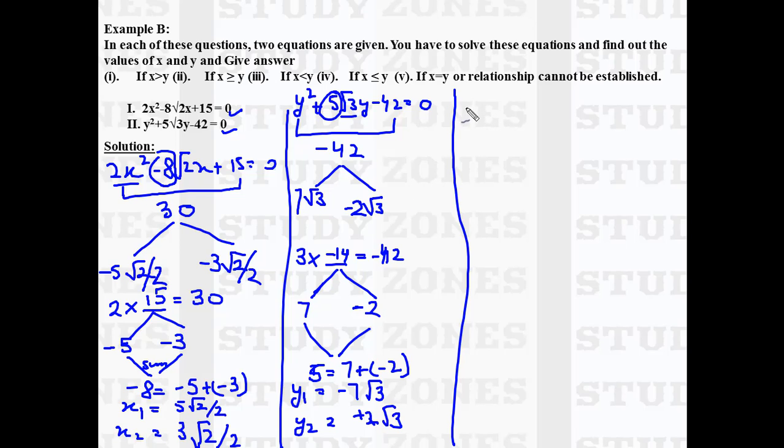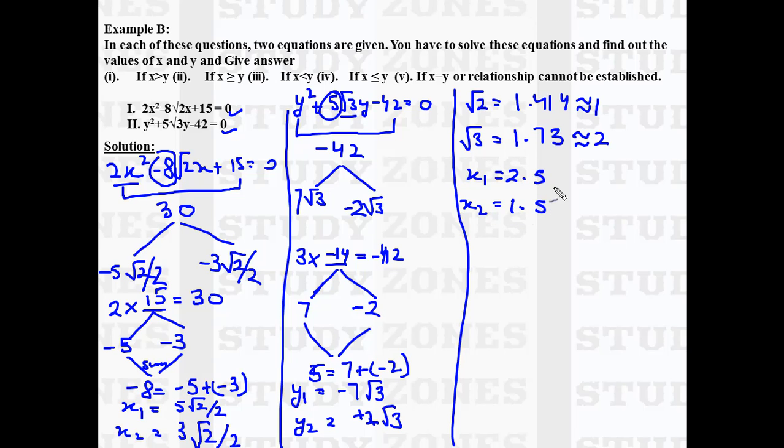So the value of root 2 is equal to 1.414, which is equivalent to 1, and root 3 equals 1.73, which is equivalent to 2. Now the values of x1 and x2: 5 into root 2, that is 1, divided by 2 equals 2.5, and similarly x2 equals 1.5.